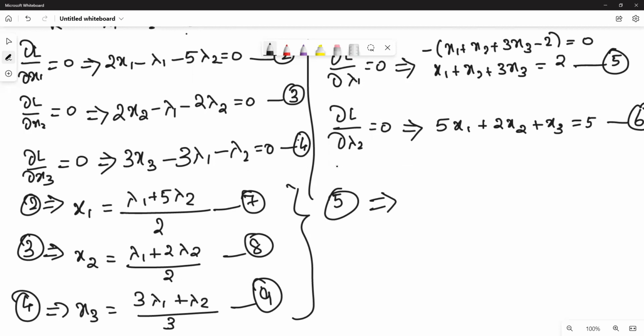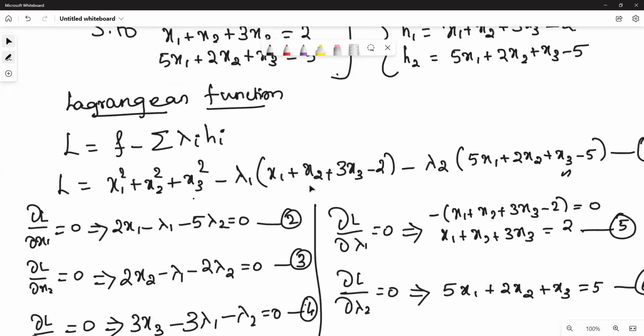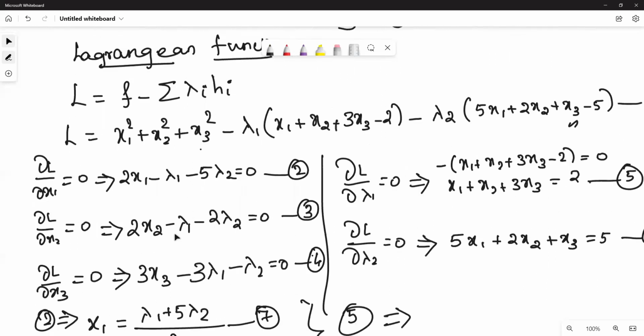One second. What is my equation number 4? Let me check it. So 5x1 with respect to x3 means it is 2x3. Sorry.